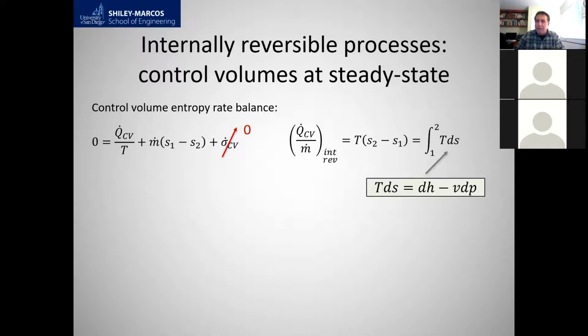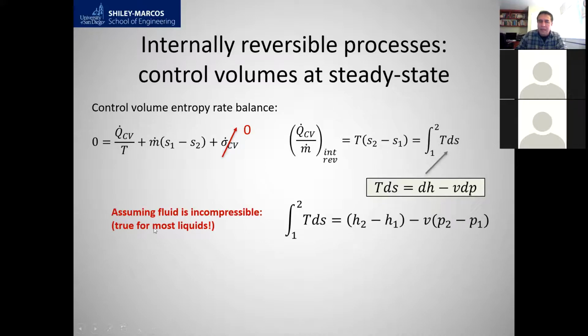So for the limits of integrals in T ds, we can always replace this integrand with dh minus v dP. Now we are talking about specific entropy, specific enthalpy, and specific volume times the change in pressure, v dP.